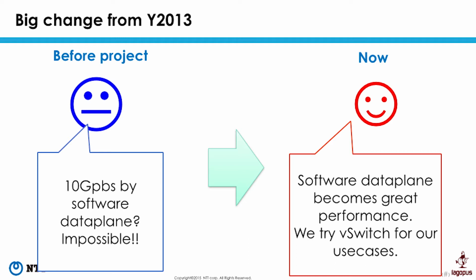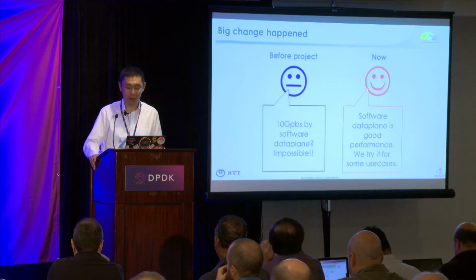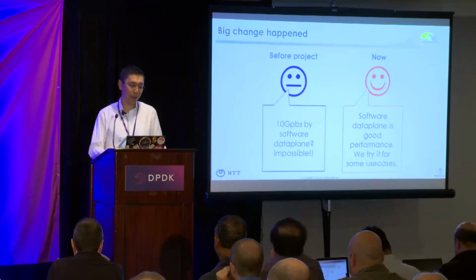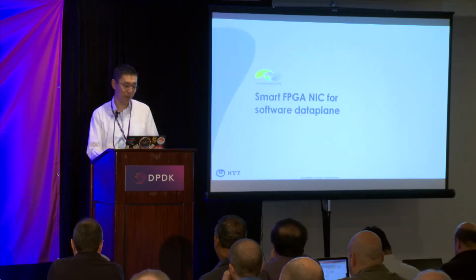So maybe you can do wireless using your laptop or desktop system. Also, some of my colleagues said they want to exploit the software data plane for their own use cases. I think a big change happened.